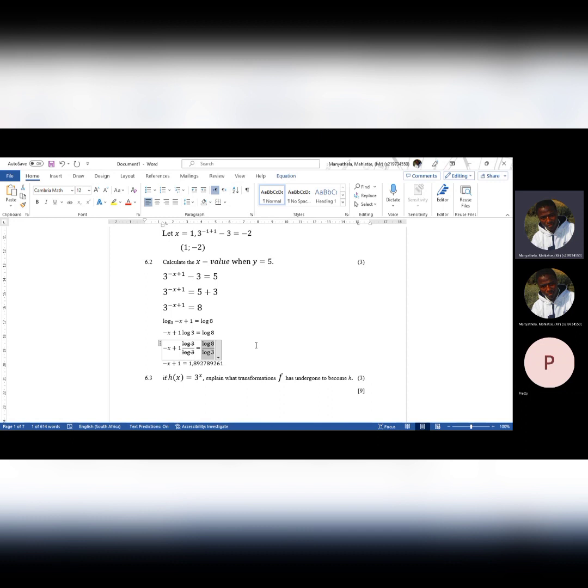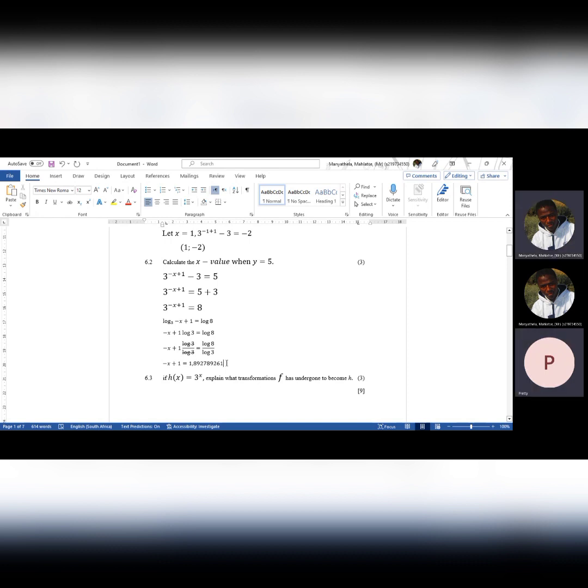Log 8 over log 3. And don't forget to use brackets. It must be in brackets, because when you press log on its own, it opens a bracket. I didn't press brackets.